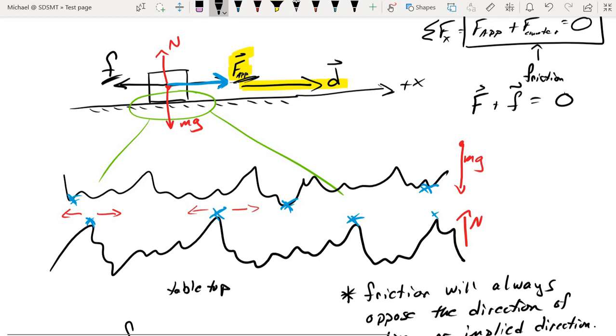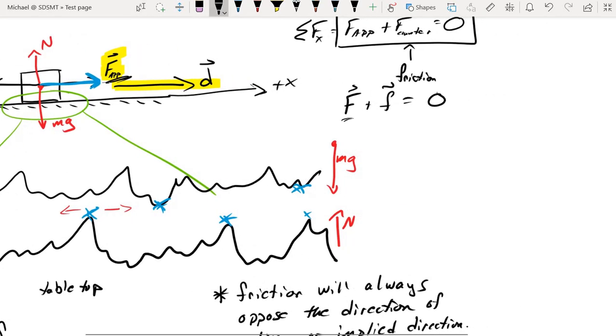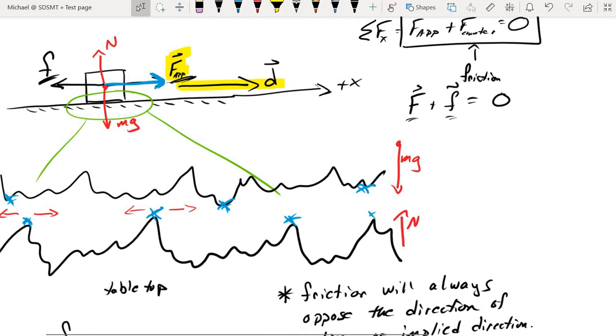We can show that minus sign by rewriting these forces with respect to the positive direction in the system. The applied force is in the positive direction, so we would have positive F. But when I add the friction force, that's where I would add the directional aspect. And you'll notice now that I don't have the vector hats anymore.